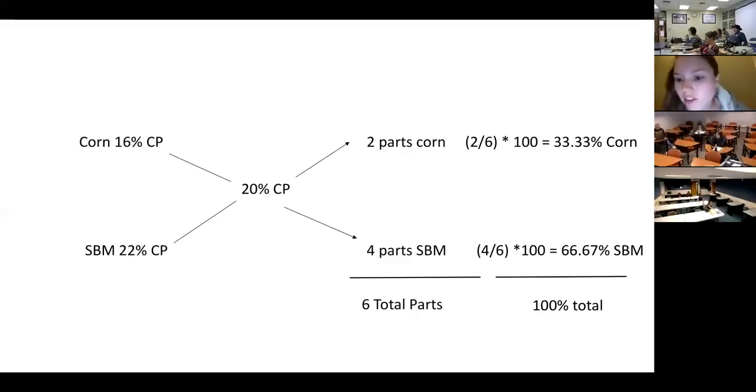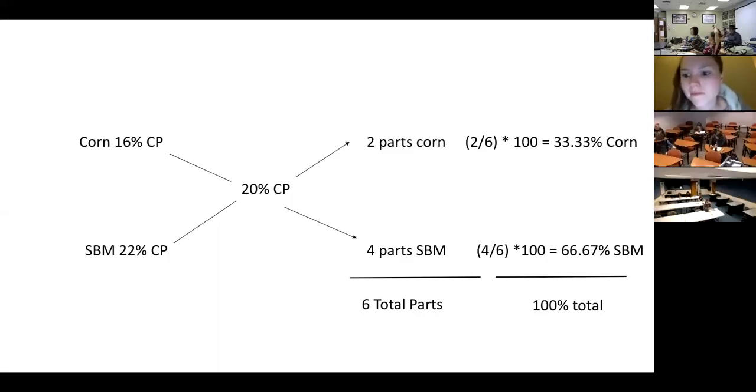Okay, so it's 2 divided by 6 times 100. 2 divided by 6, and that's going to give you in your calculator 0.33333.